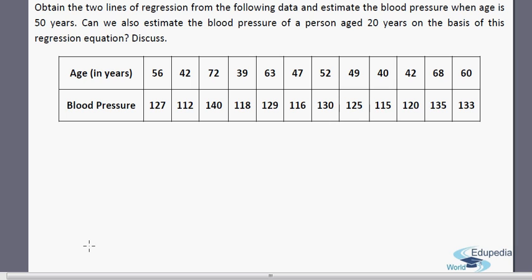You need to estimate the blood pressure of a person whose age is supposed to be 50. Further, the question reads: can we also estimate the blood pressure of a person aged 20 years on the basis of this regression equation? Well, that's something which we need to discuss. If yes, you'll need to find it out. If no, you need to give the reason for that.